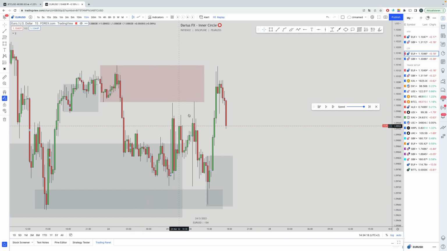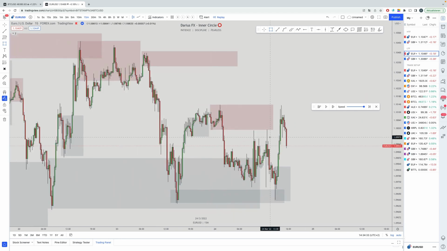So the supply was still under control at that moment. Demand created, yes, but demand was taken out multiple times here in this case. Still, they wanted to get close to the supply zone first before they bring it all the way back down, and then it's moving back up.